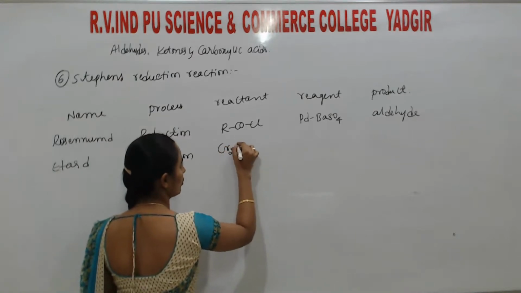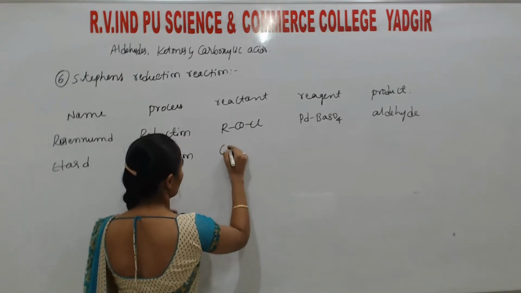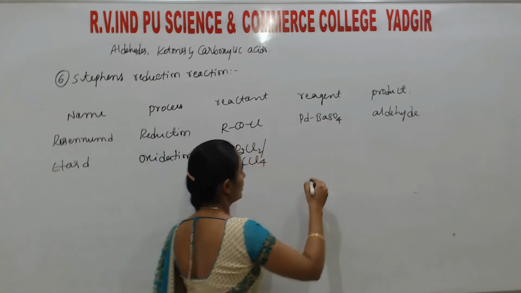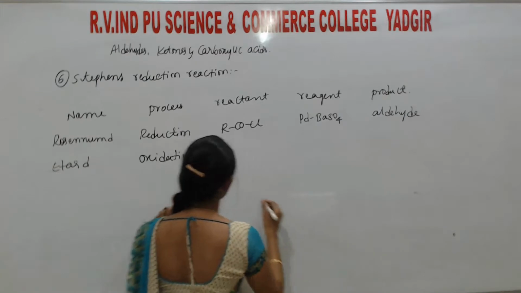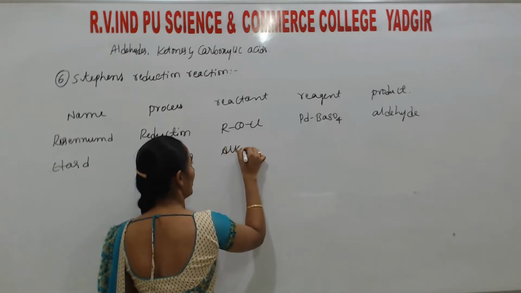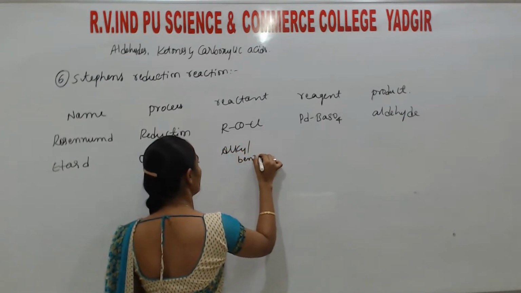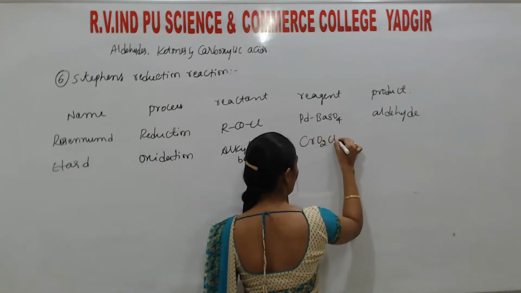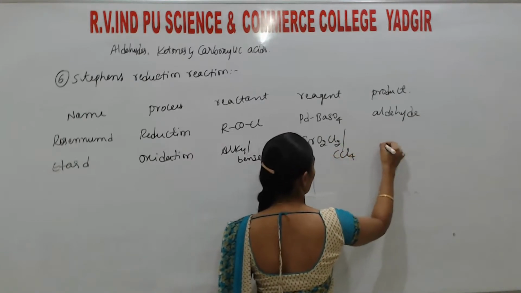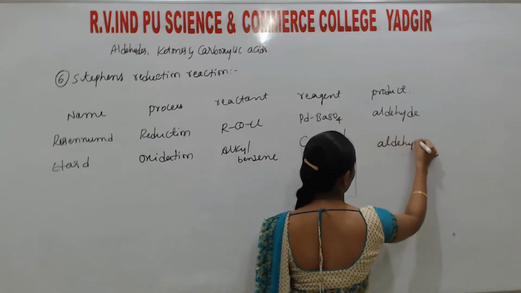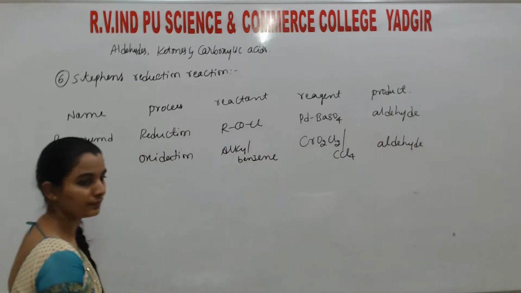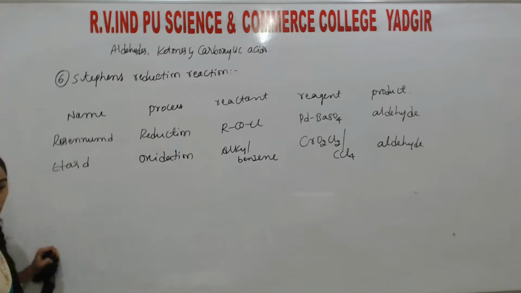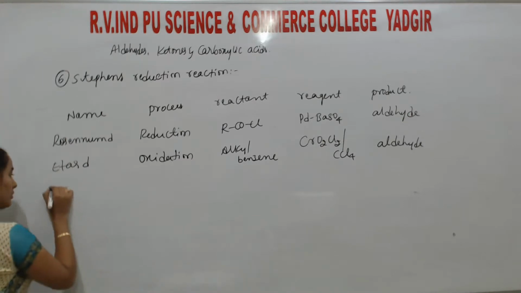Reactant here is alkyl benzene. Reagent is chromyl chloride in CCl4. Product is aldehyde. Next, after that, Gattermann-Koch reaction.